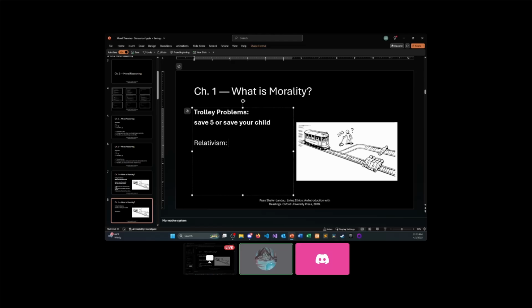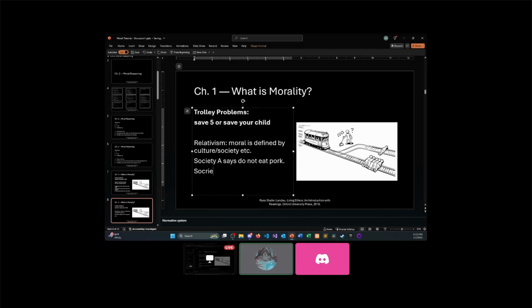That's basically a theory that says that whatever is moral is defined by culture, society, etc. So you could have society A. We could say something about diet, because a lot of different cultures have different diets, right? So society A says, do not eat pork.